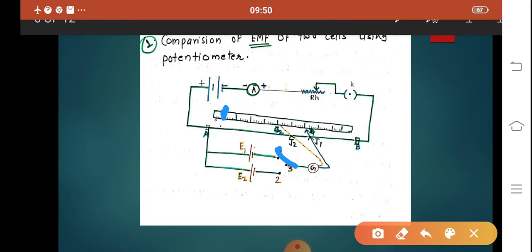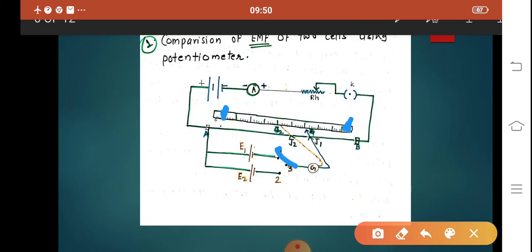And if J is touched here, the galvanometer will give a deflection on the right hand side. We have to adjust the position of the jockey on the potentiometer wire where, if pressed, the galvanometer shows zero deflection.